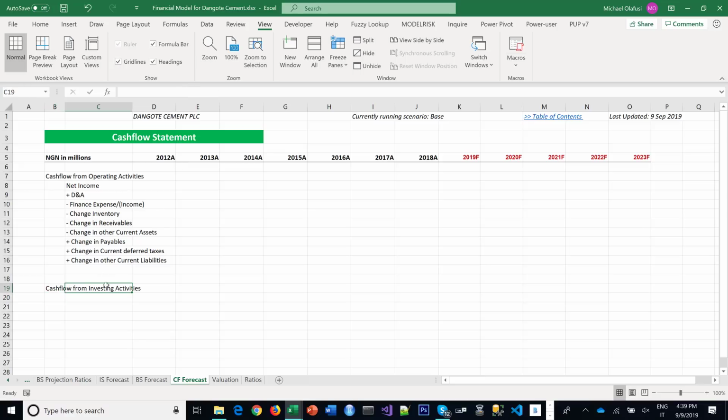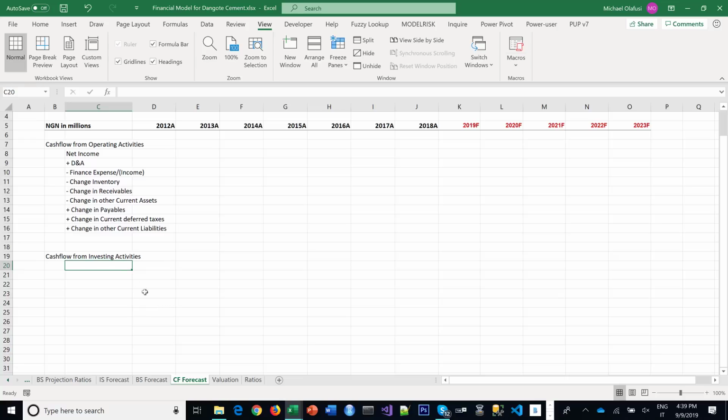So this deals more with capex, capital expenditure, change in long-term assets, change in long-term liabilities. Those are the things I'll bring in here. In fact, this finance income, I should have brought it here, but for now, since we didn't separate them out, I'm just going to put them in the finance expense part of financing.